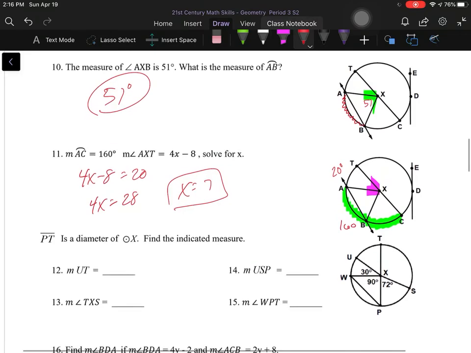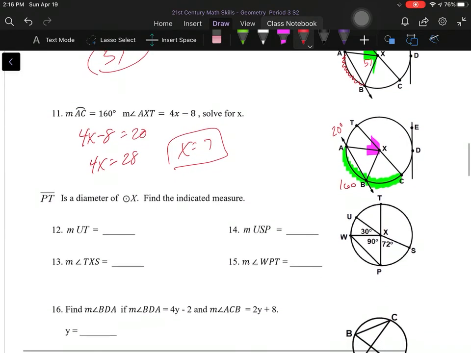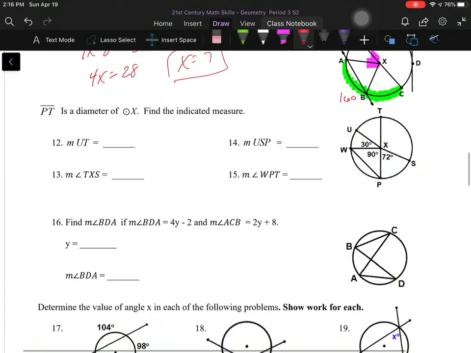Okay, next ones. So 12, 13, 14, and 15. PT is the diameter of circle X, find the indicated measure. Number 12, the measure of, and that's supposed to be arc UT. So here's UT.